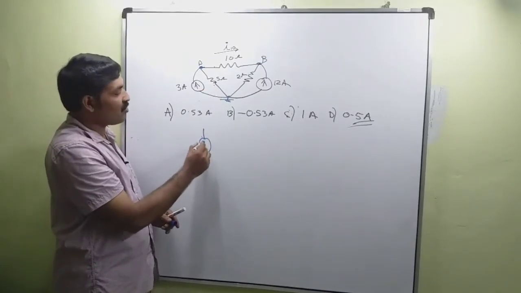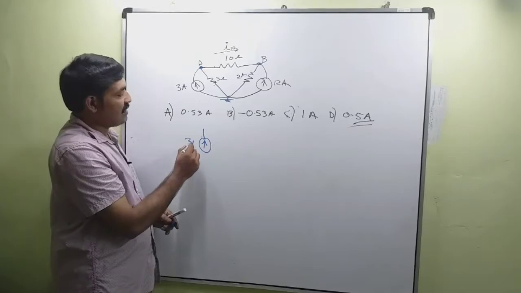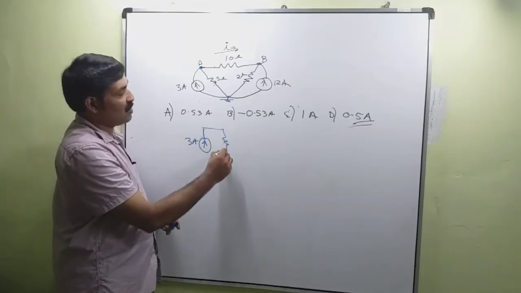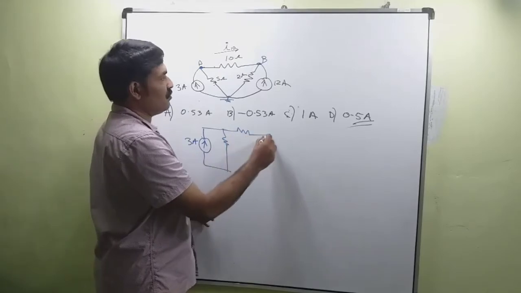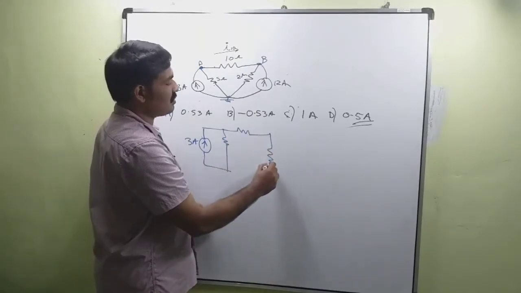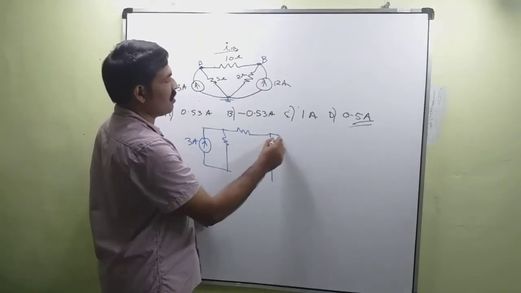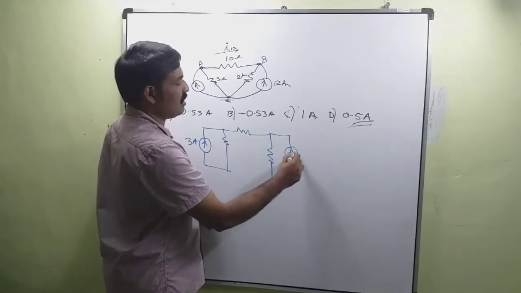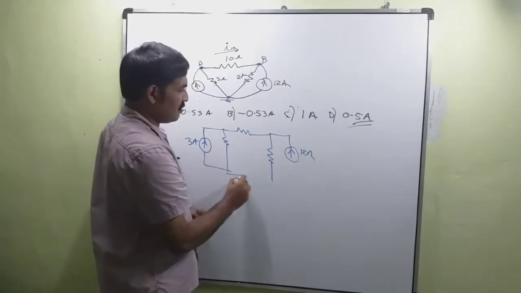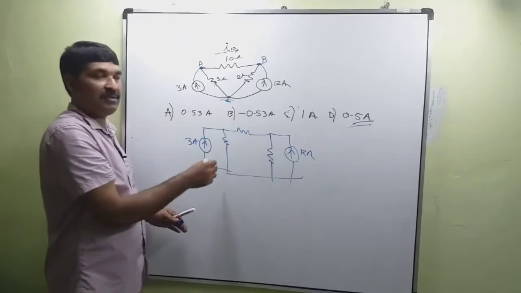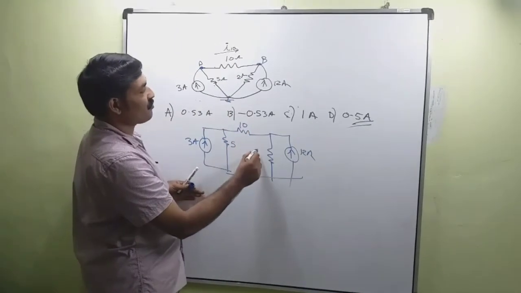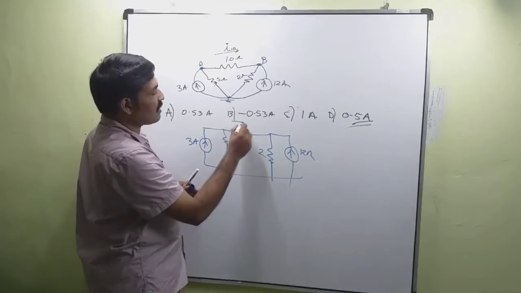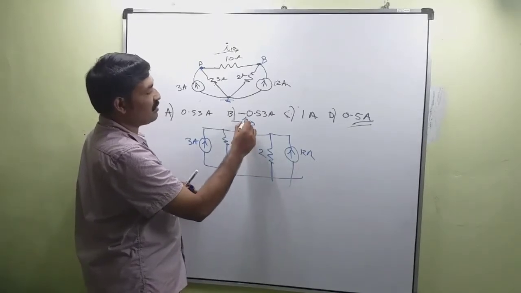I am going to redraw the circuit as 3 ampere, 5 ohm, then 10 ohm, then this 2 ohm and 12 ampere. So this circuit is equivalent to this circuit and values are 10, 5, 2. This is the direction of current given, I10.